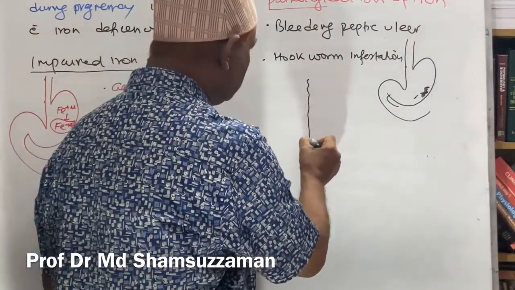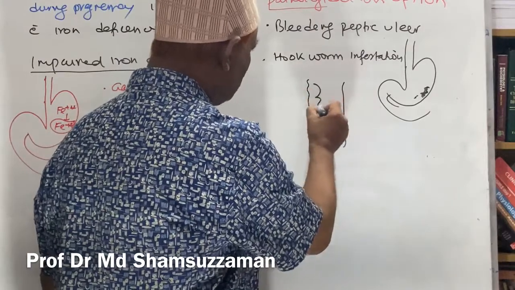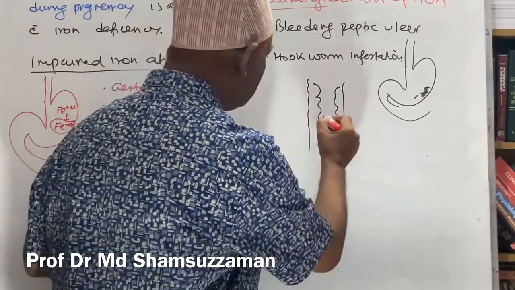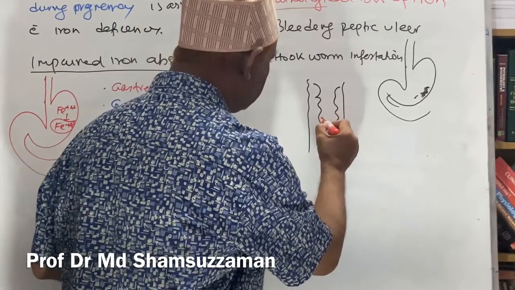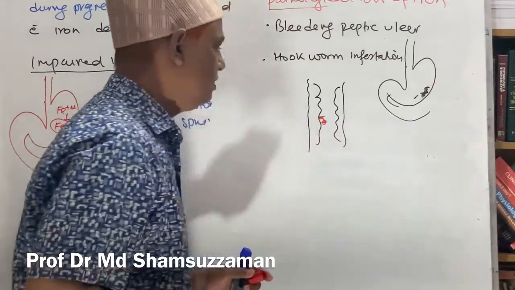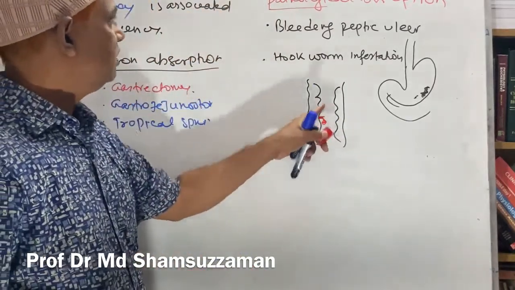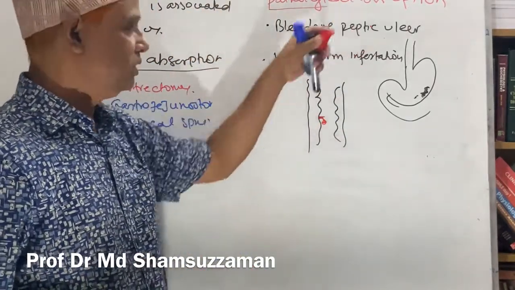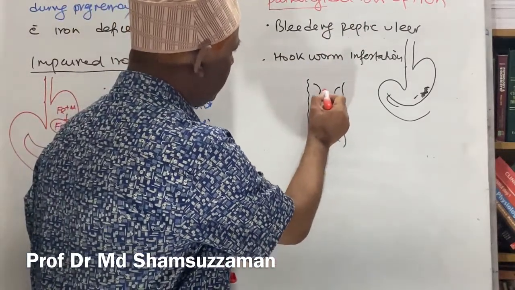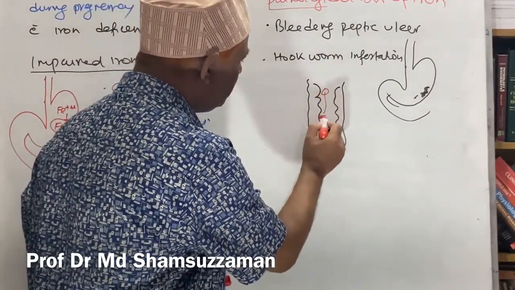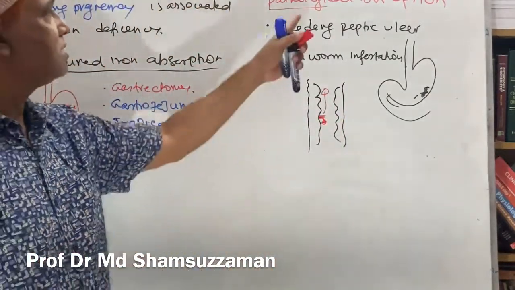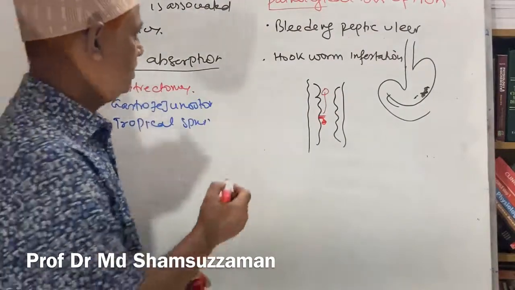In the colonic mucosa, the hookworm will suck blood from the intestine. As it sucks blood, there is loss of blood, loss of iron. Again, after sucking, it moves from the area and the point remains open, and from the open point there is continuous bleeding, so there is pathological loss of iron.